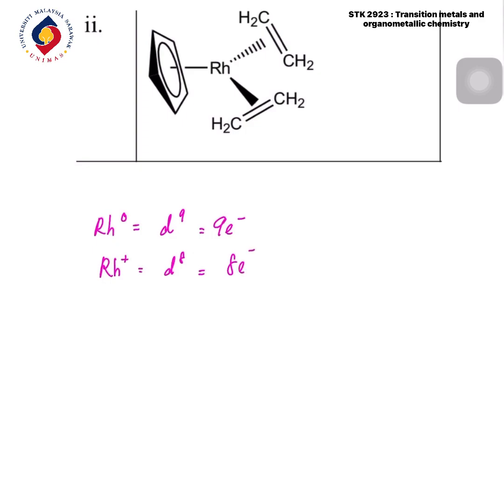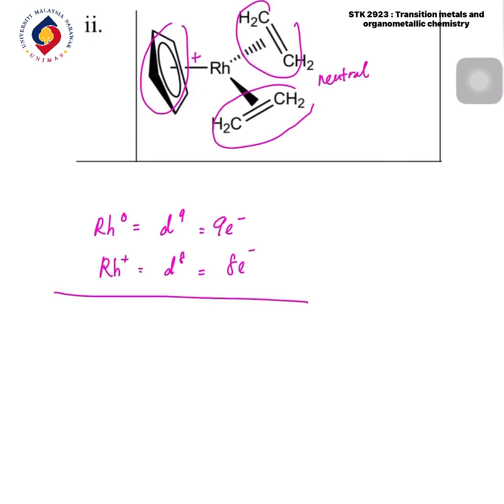The one charge comes from this ligand, because both ligands are neutral. Then the 2 neutral ligands, one of them is equal to 2 electrons. It has 2 of them. So 4 electrons.